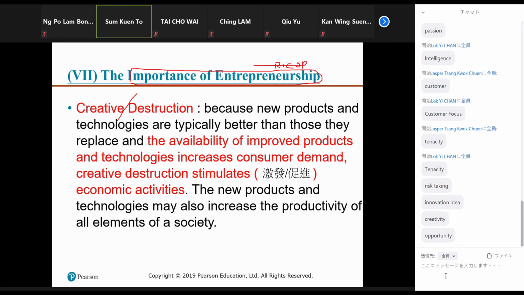The C stands for creativity, but creative and destruction, what does it mean? It means that if you have an innovative idea, you are being creative, and then you are very important because you are stimulating the economic activities.